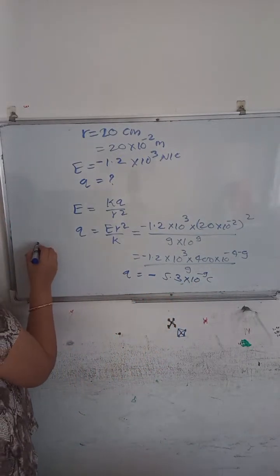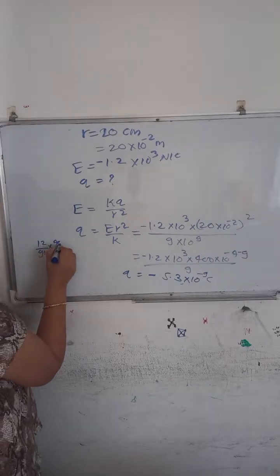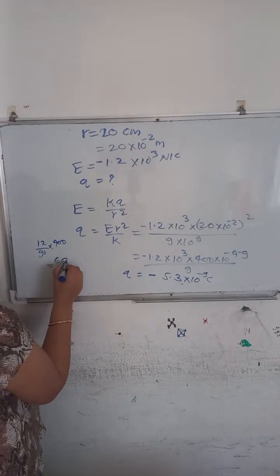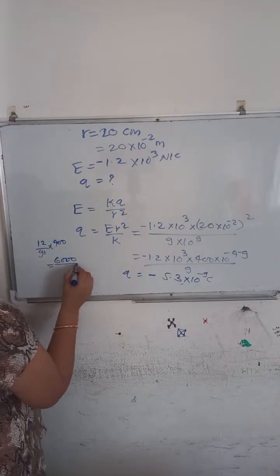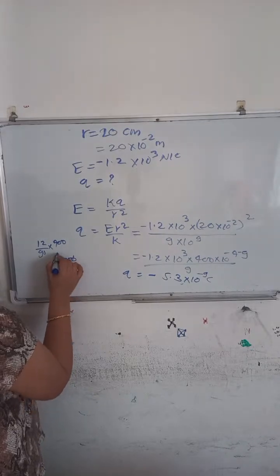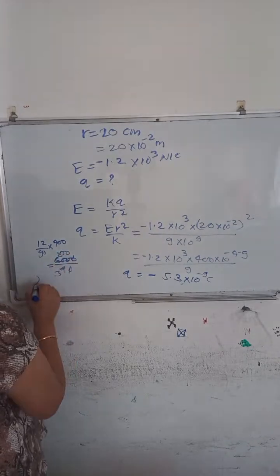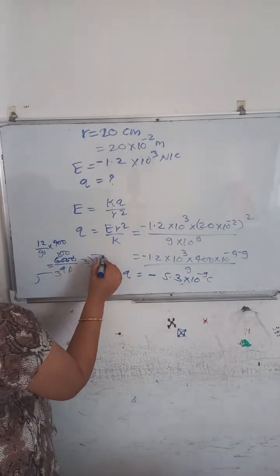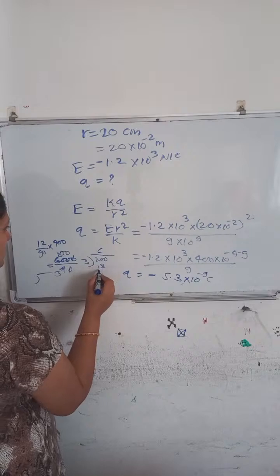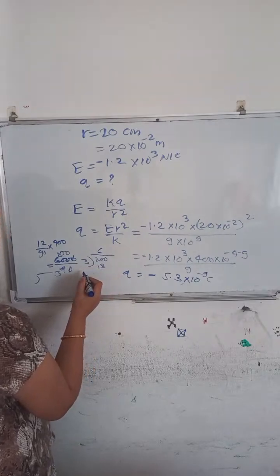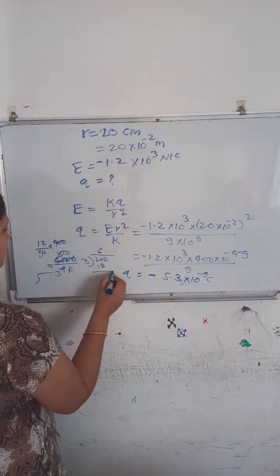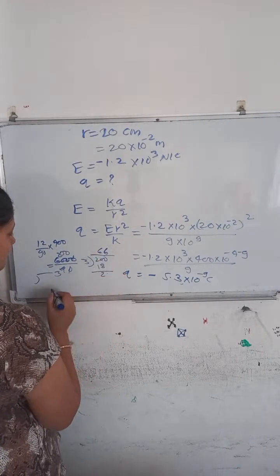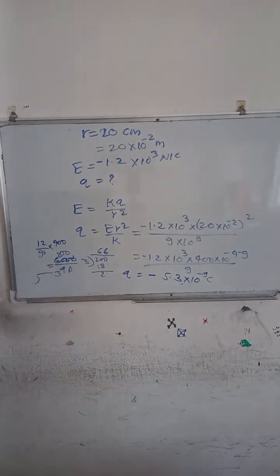Check here, 12 by 90 into 400, so 12 × 60, 60, and these two zeros, 90, 0, 0 get cancelled, 3, here 2, 0, 0, then if you divide here by 3, oh, it's 48.